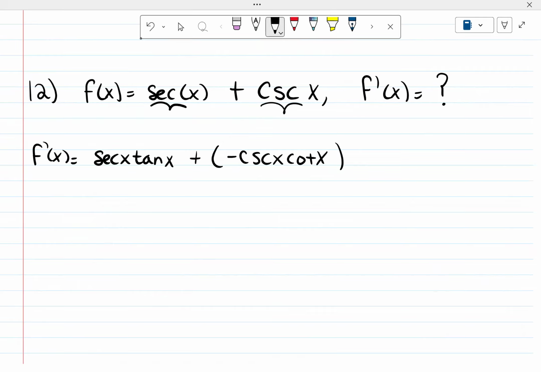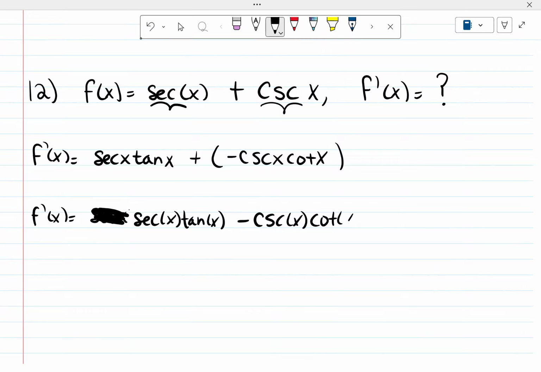So your final answer will be secant of x tan of x minus cosecant of x times cotangent of x. Okay, so that is my final answer.